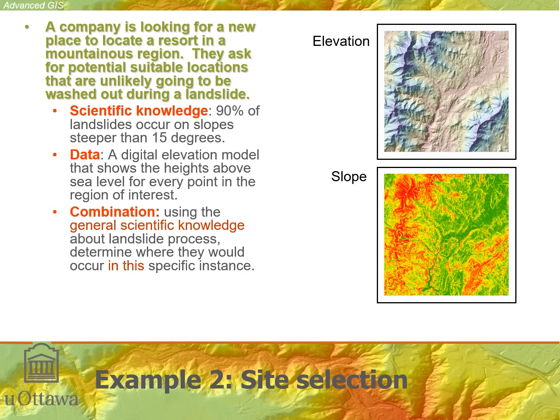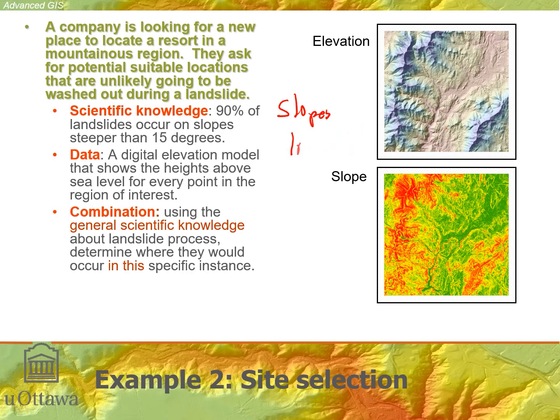So that means that slopes greater than 15 degrees will have 90% of the landslides occurring there, usually, whereas slopes less than 15 degrees are unlikely to have much landslide activity. It's not completely zero, but it's less, so it's a safer region.